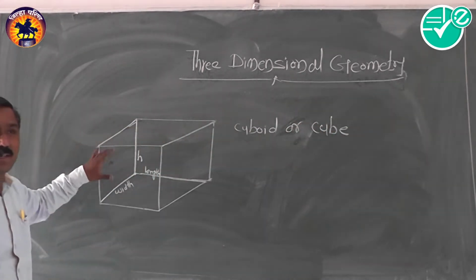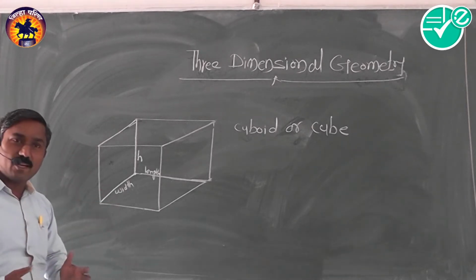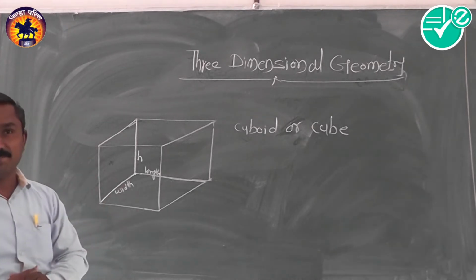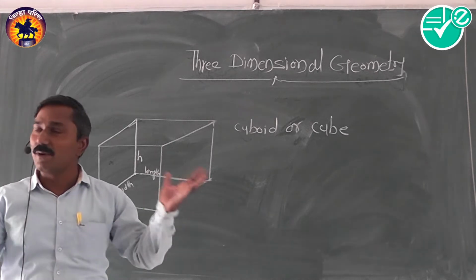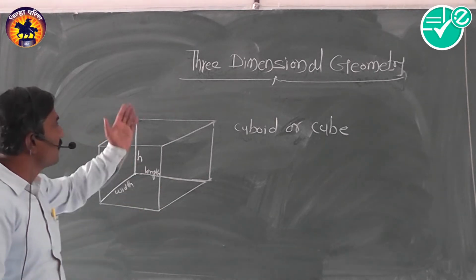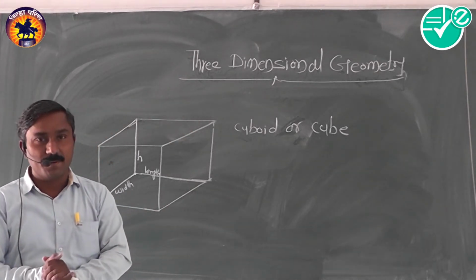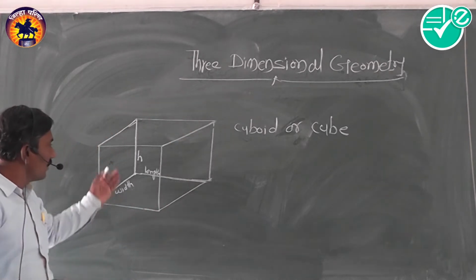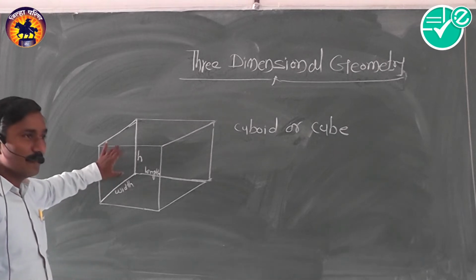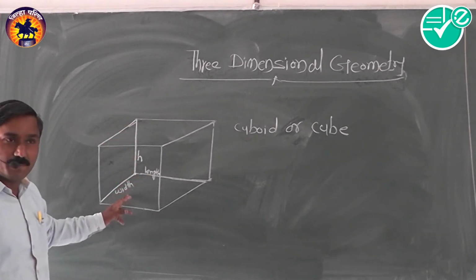A cube is also a three-dimensional figure. We can say that we are living in three-dimensional space. In our hall, this is our three-dimensional. So what is the purpose of three-dimensional geometry in our mathematics, that we have to see here. Dimensional means we have to consider three points: height, length and width.